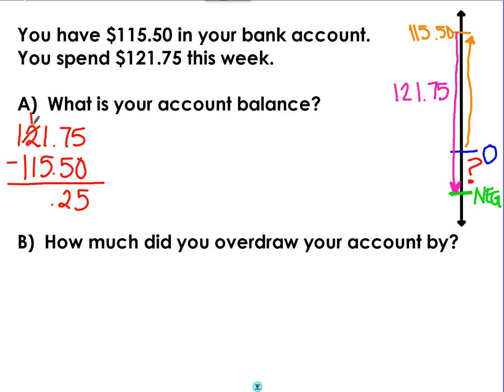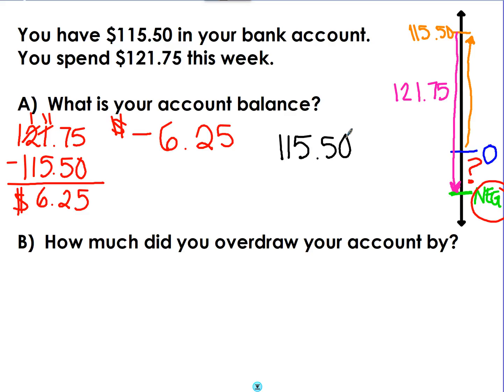In this case, I end up with 1, and this is 11 minus 5 is 6. 1 minus 1 is 0, and 1 minus 1 is 0. And so I end up with $6.25. Remember, we already knew our balance would be negative, so our answer becomes negative $6.25.